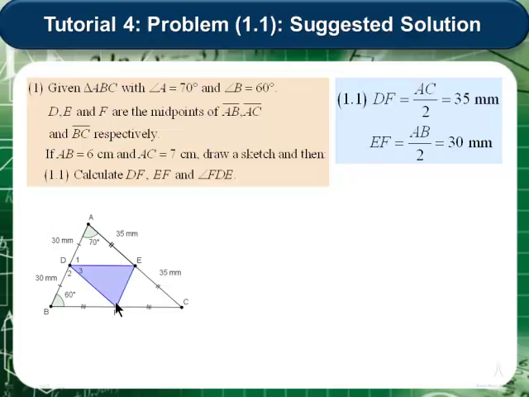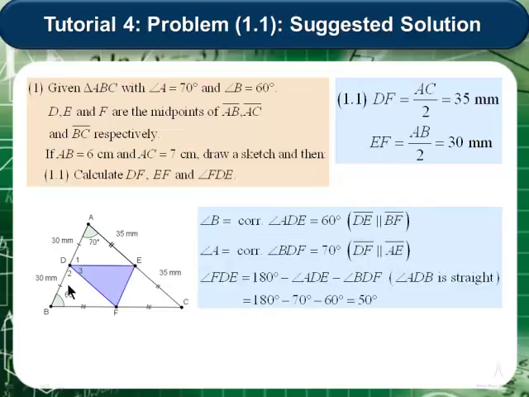And in the same way, we need to find EF, because E and F are the midpoints of two of the sides. EF will be equal to half the length of line segment AB, and that is 30 millimeters. Now we want to find the measure of angle 3.